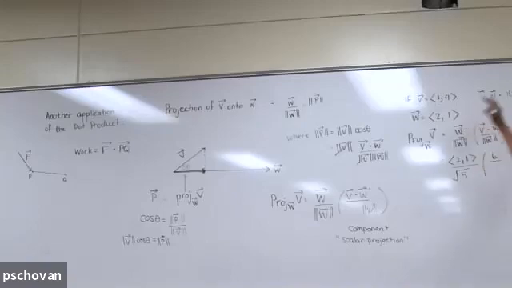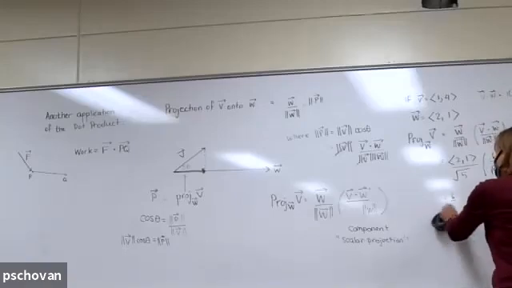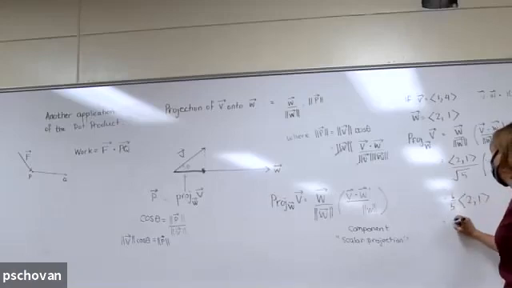And then the magnitude of W we just did, that's another square root of 5. So that makes the projection vector 6/5 times 2, 1. You want to write that as 12/5, 6/5, and that's the projection vector.